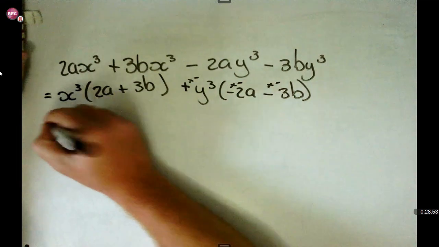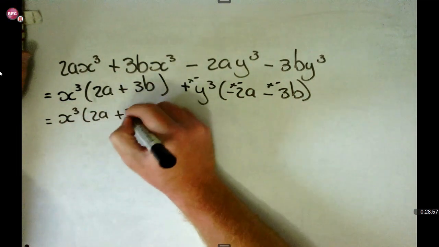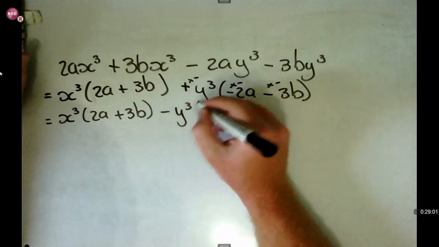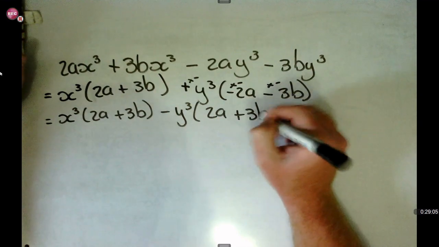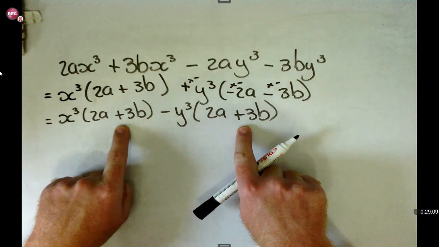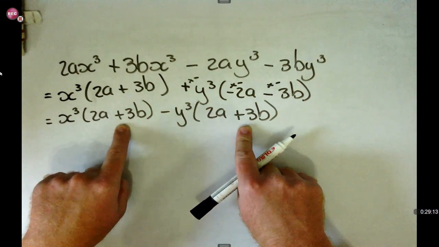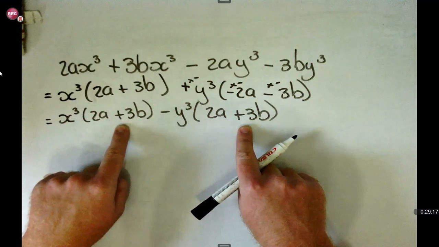So what we'll then have is x cubed, 2a plus 3b. We'll have minus y cubed, open bracket, 2a plus 3b. And look here, these two are identical. So that is normal sign changing by grouping factorization that you should have learned in grade 9 already.